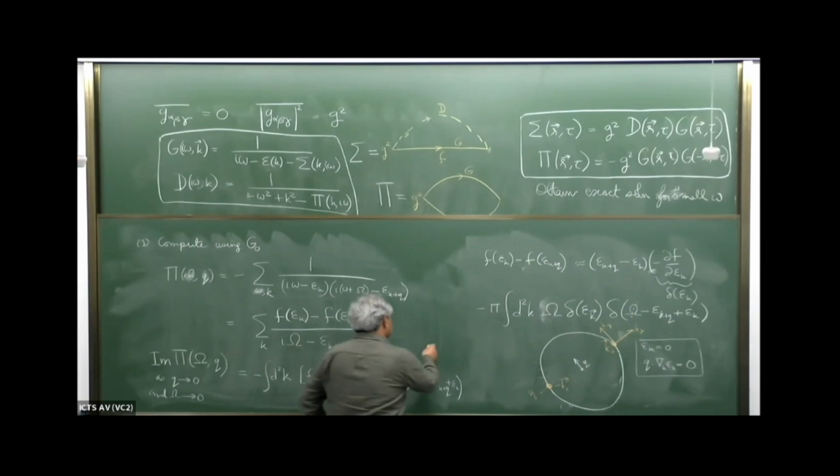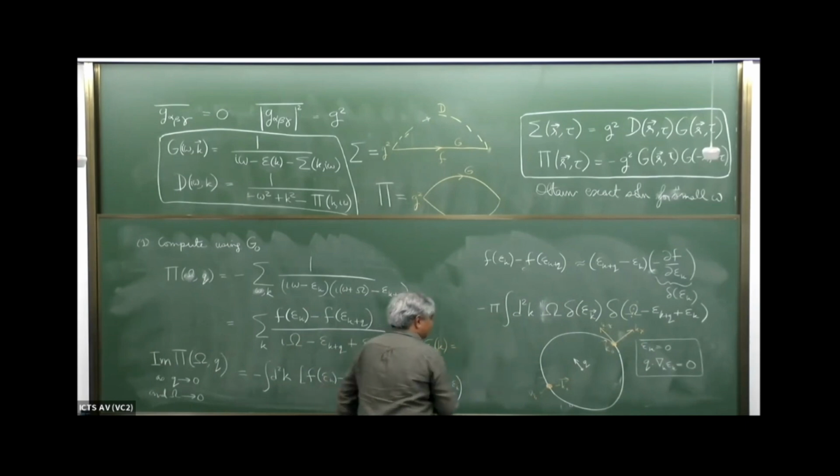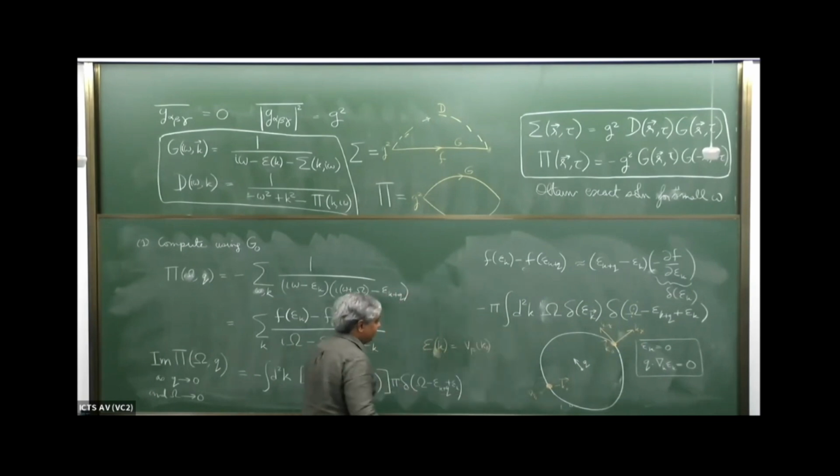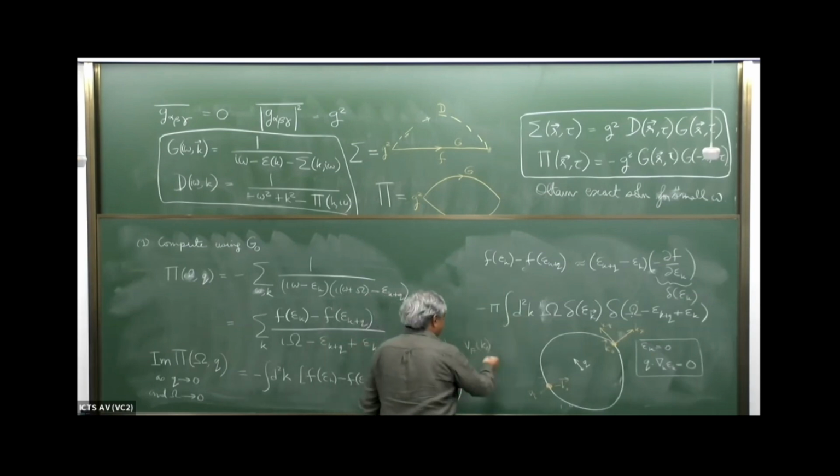I'm going to say that the dispersion E of k, which is some very complicated function, will be some Fermi velocity, a function of k naught, times kx, linear in kx.